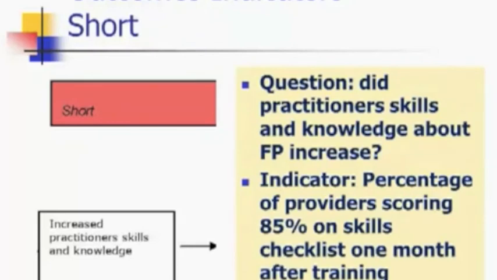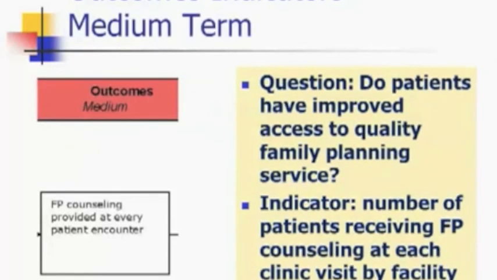Welcome back. So here are my thoughts for this question about assessing the practitioner's skills and knowledge in family planning service provision. I might ask, did practitioners' skills and knowledge about family planning increase? And my indicator is percentage of providers scoring 85% on a skills checklist 1 month after training. So now let's talk about medium-term outcomes.